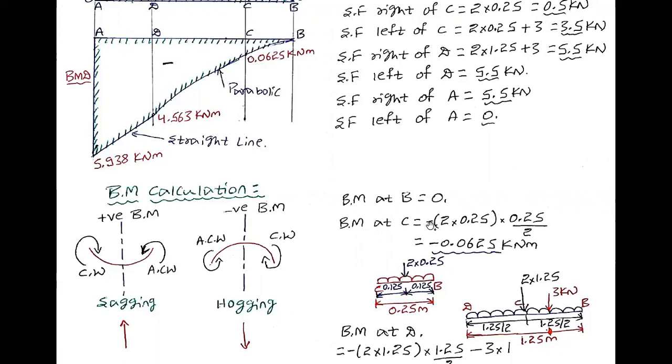Here I have taken it as a negative sign because it is acting downward, or if you take the right section, it will be in the clockwise direction. If it is in the clockwise direction, you have to take it as negative bending moment. Otherwise, by the layman method, downward means it will be negative.